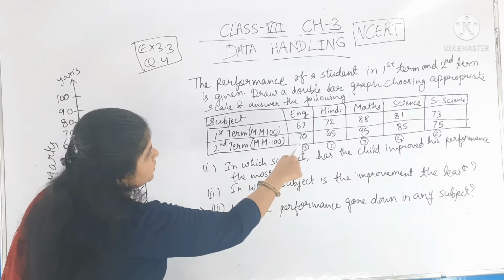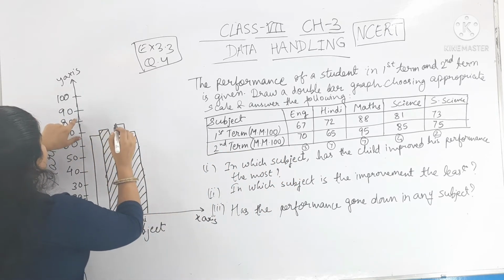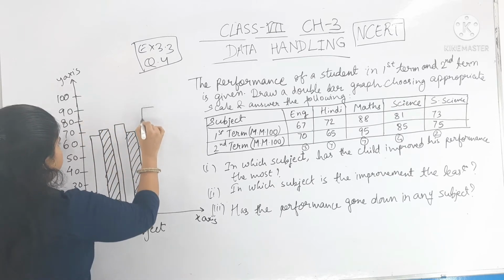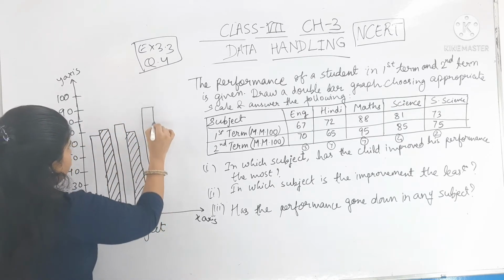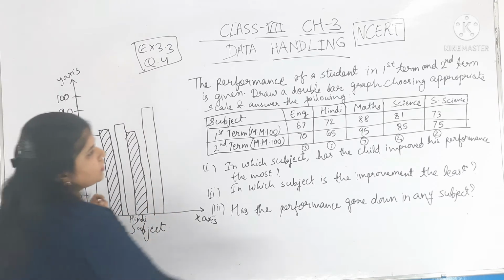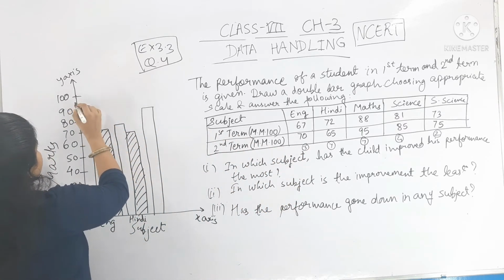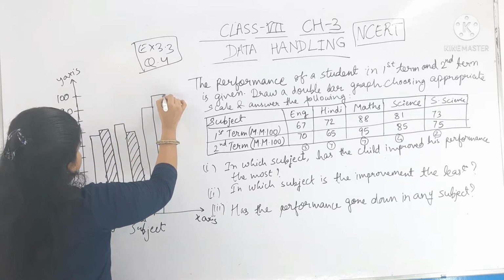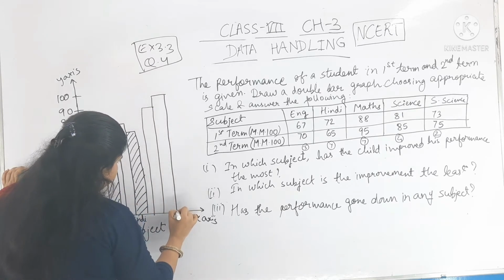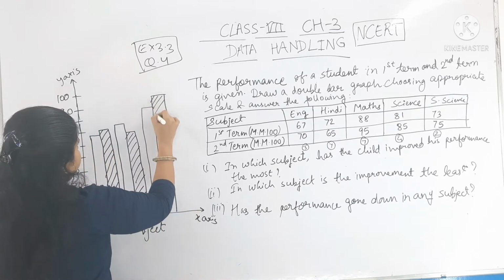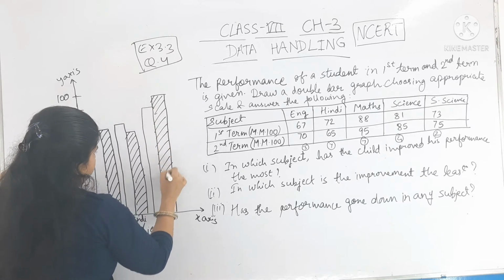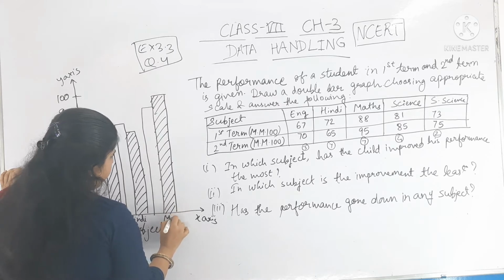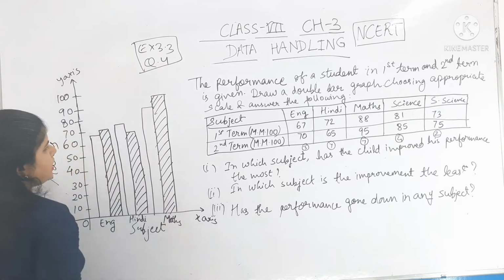For maths it is 88, so it is above 80 but below 90, somewhere here. Okay, 95, it is between 90 and 100. This is maths.